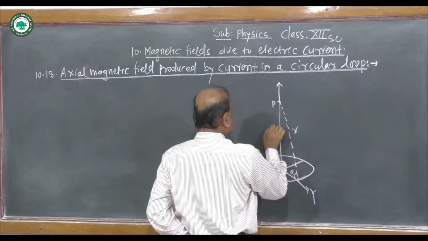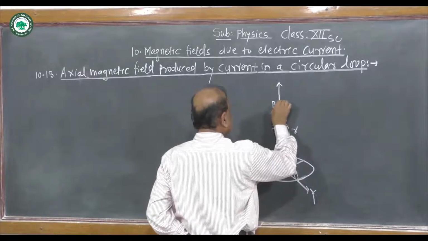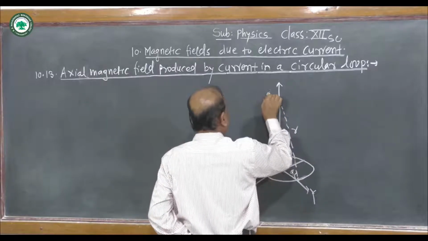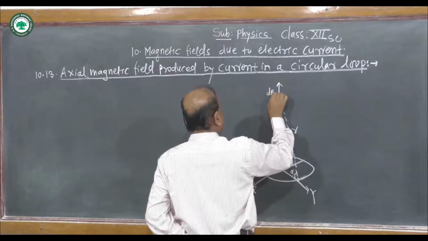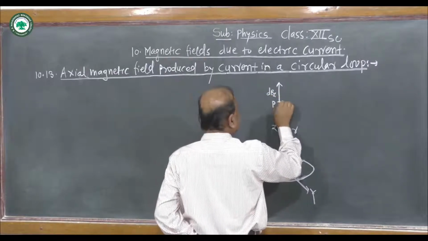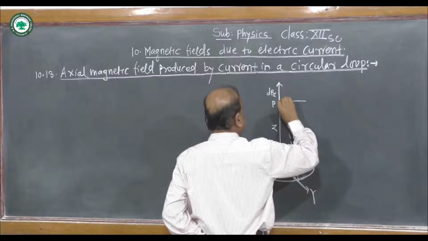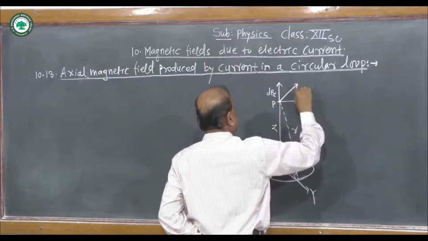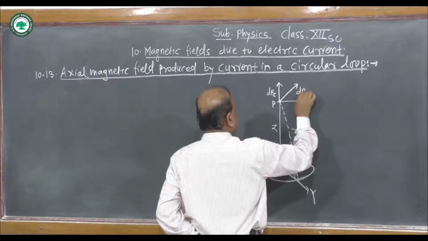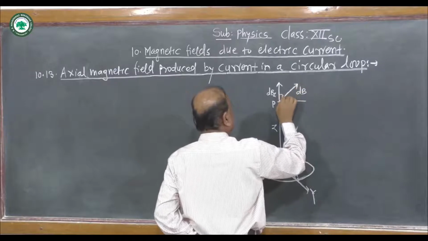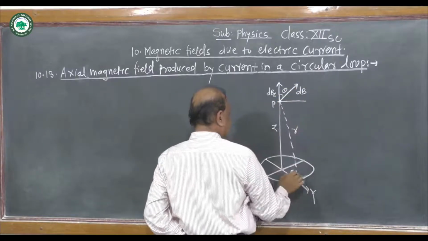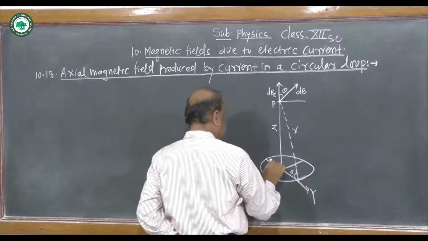These distances are, this is Z, and now this magnetic field dBz, this angle is theta. This is theta.